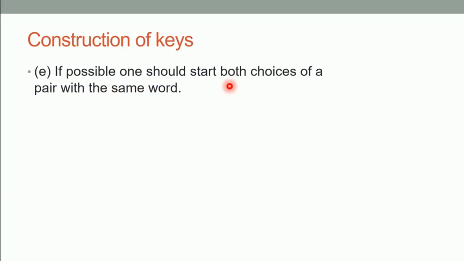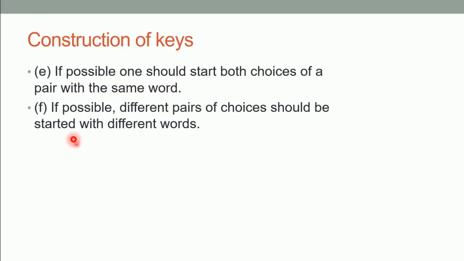Then if possible, one should start both choices of a pair with the same word. Okay, so both the choices should start with the same word. If possible, different pairs of choices should be started with different words. So suppose we have a first pair of choices.